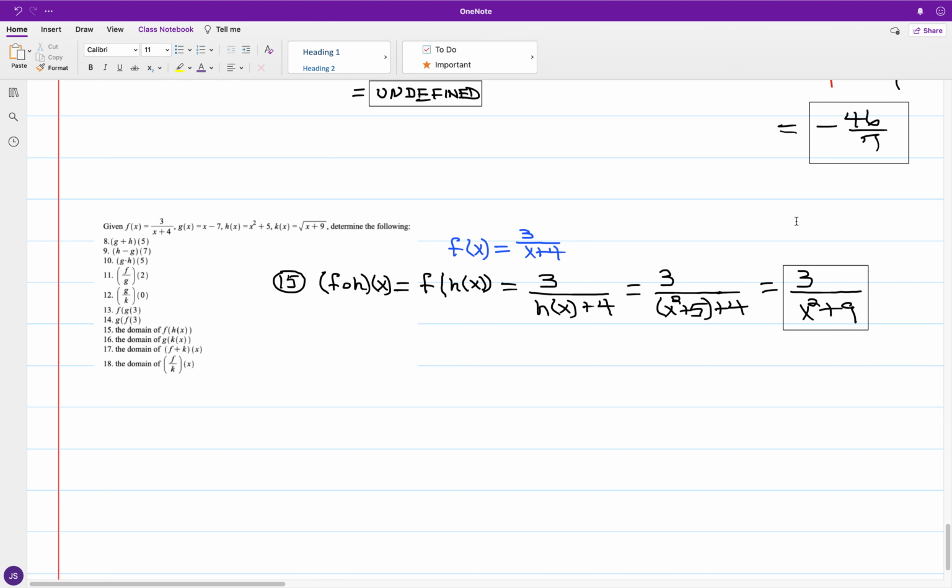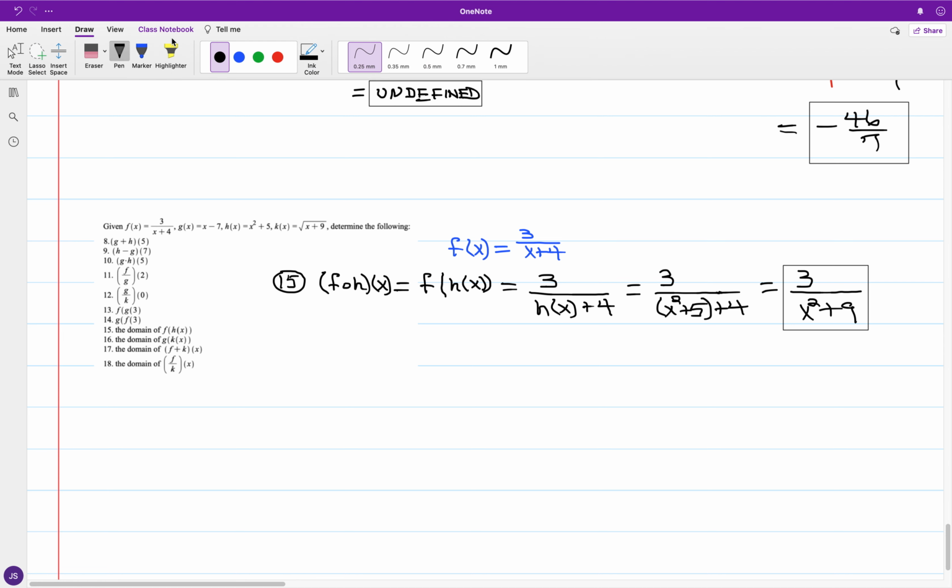Now, where the domain is concerned, for the input, again, we have h of x equal to x squared plus 5, and since we don't have an even root radical or a fraction from h of x, this one has no restriction.